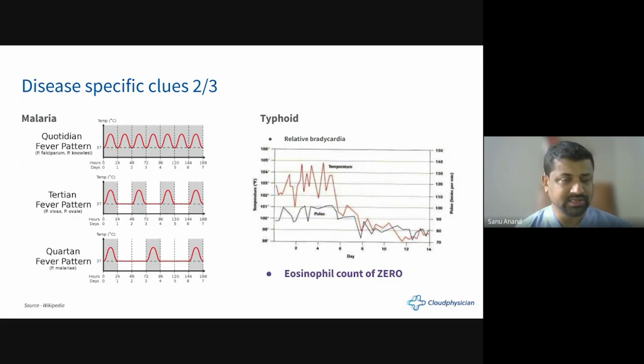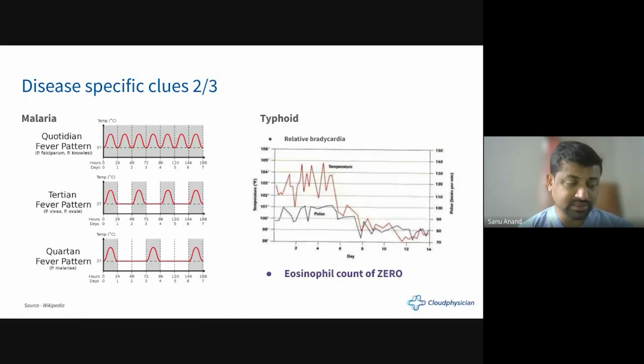So these days, it's not really common to find the typical fever patterns of malaria, but it's good to know because sometimes when the parasite load is high, despite antipyretics, you will still find this kind of pattern, a quotidian fever pattern, which can be seen in both falciparum and knowlesi. Falciparum is the one which is found in India. This is basically a spike and a trough every 24 hours.